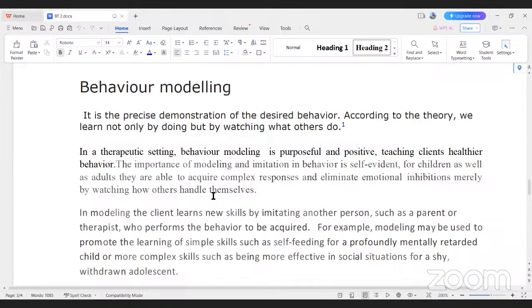So it is the precise demonstration of the desired behavior. According to the theory, we learn not only by doing, but by watching what others do. We learn the work and the behavior by doing it, or by watching others also. This theory was explained very well by Albert Bandura.